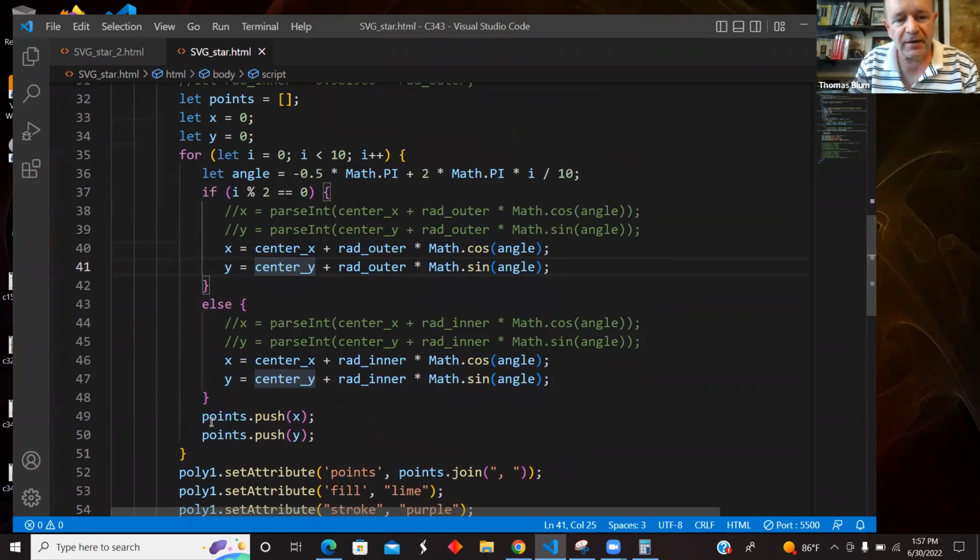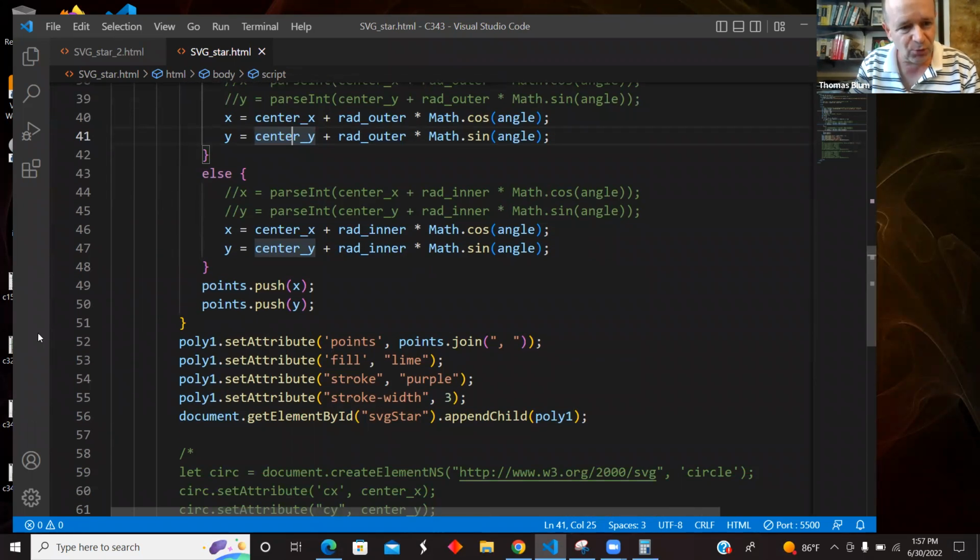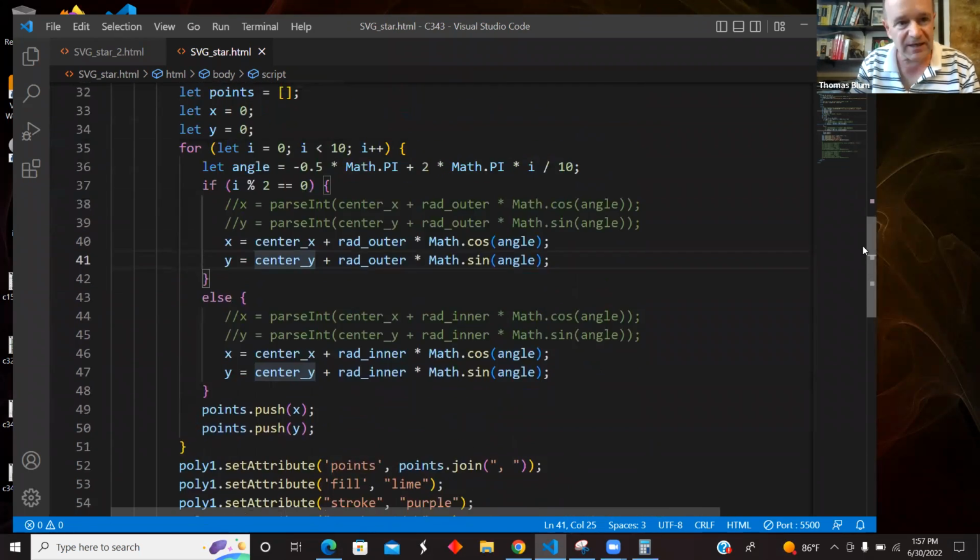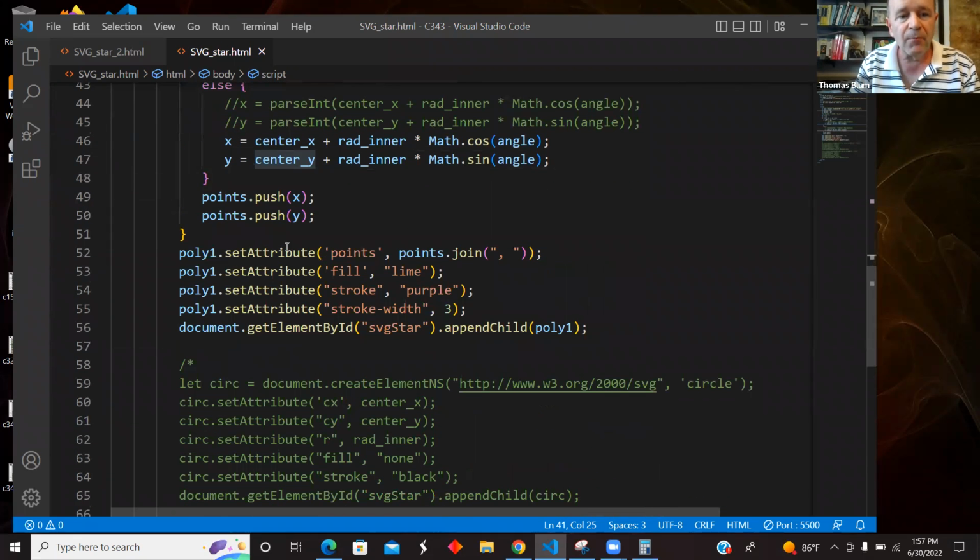And then on my points array, I am pushing the X and pushing the Y. Okay, so this 51 here is the end of that loop over my 10 points. I am setting the points attribute of my polygon to the points array that I had, using the join method to turn that into a string of the XY points separated by commas.